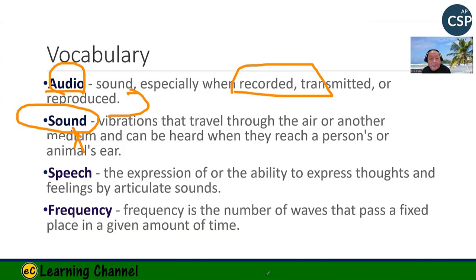Any sound, any vibration, anything that you hear is called sound. So sound is natural. Sound is everywhere. Everything you can hear is sound. Audio is those kinds of things being processed by a computer. So what is speech?